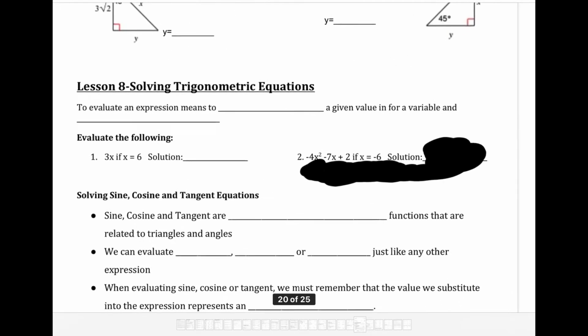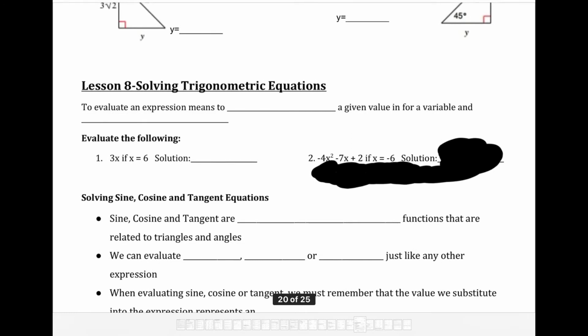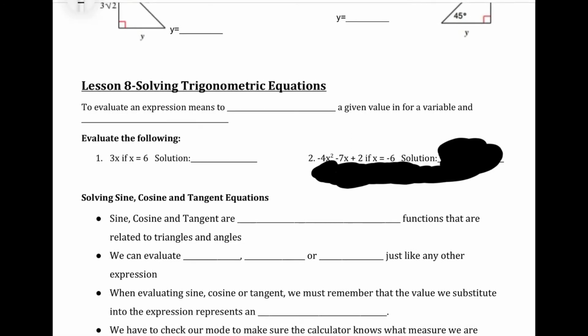So to evaluate an expression means to substitute a given value in for a variable and evaluate.